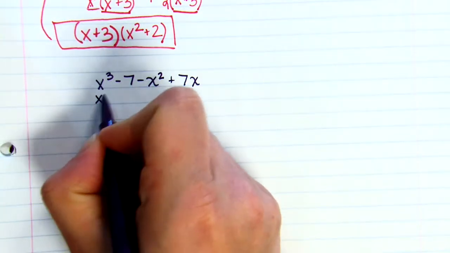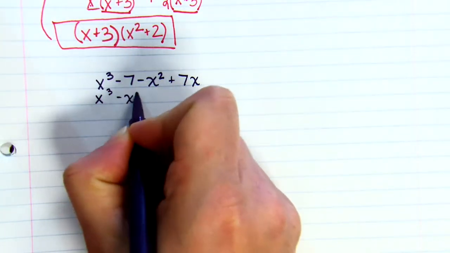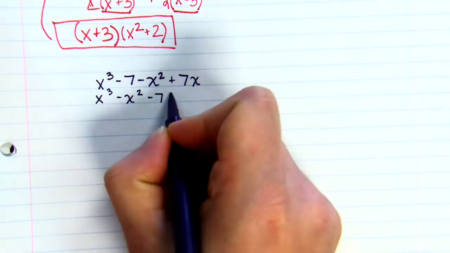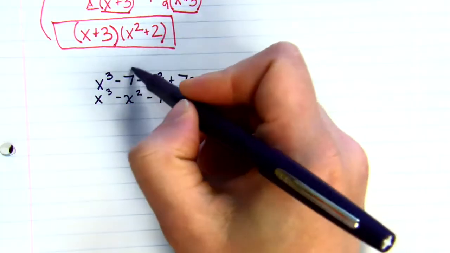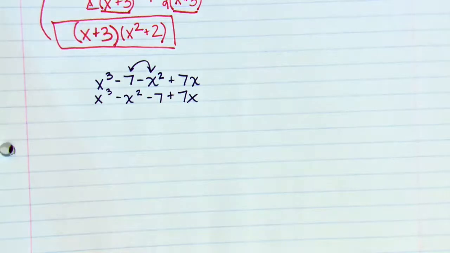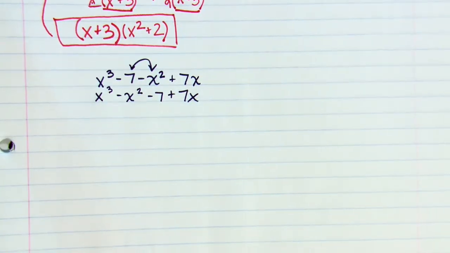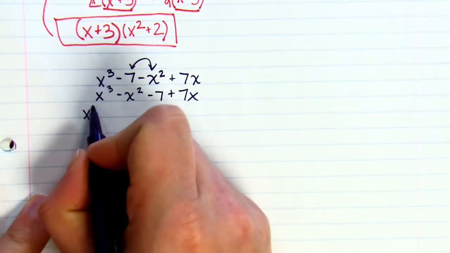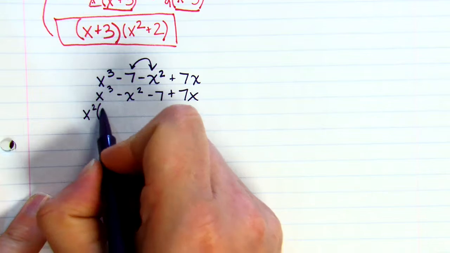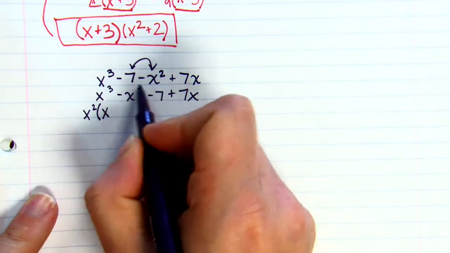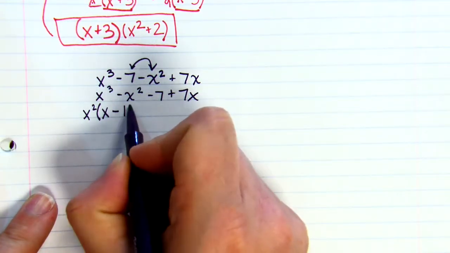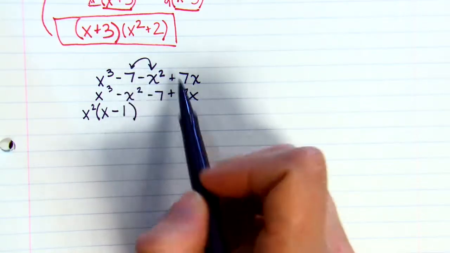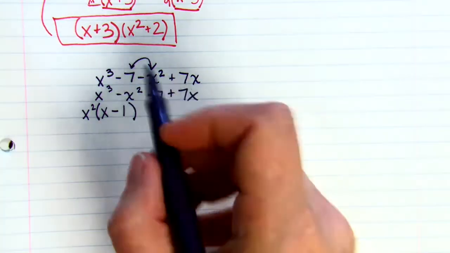So let's just change the order and make this x cubed minus x squared minus 7 plus 7x. So I just switched my order so I had 2 binomials that have a factor in common. X cubed and x squared have an x squared in common, and I'll be left with an x. When I divide out an x squared here, I'll be subtracting 1. Make sure you're paying attention to those positives and negatives.